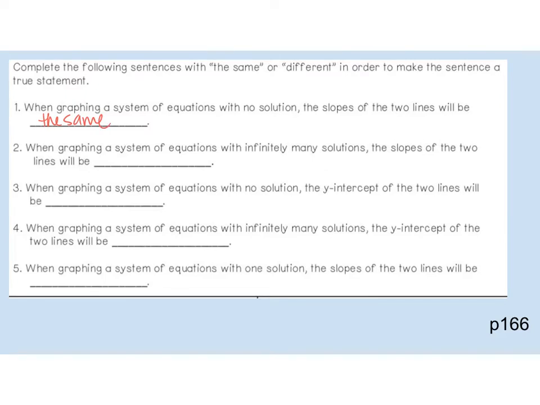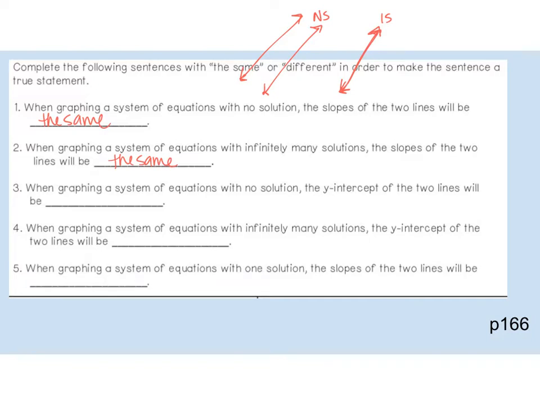And when you're graphing a system of equations with infinitely many solutions, the slope of the two lines will also be the same. It means that the lines are going to be going in the same direction at the same rate. So they're either going to be running next to each other or they're going to be running on top of each other. So no solution, infinite solutions.